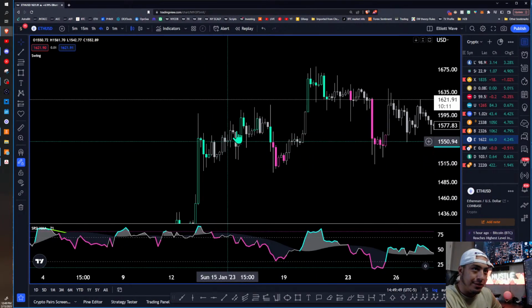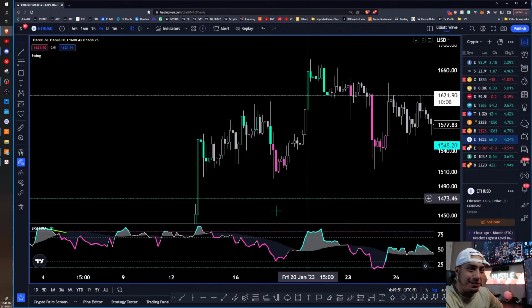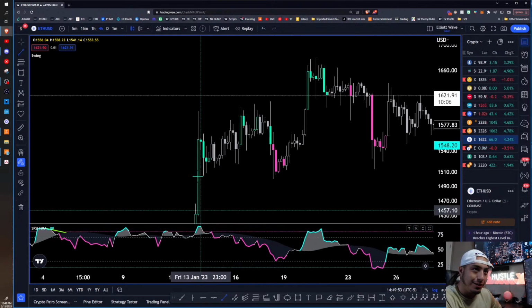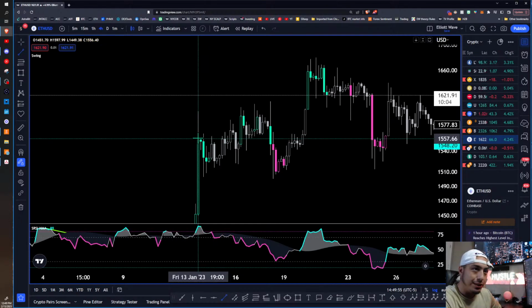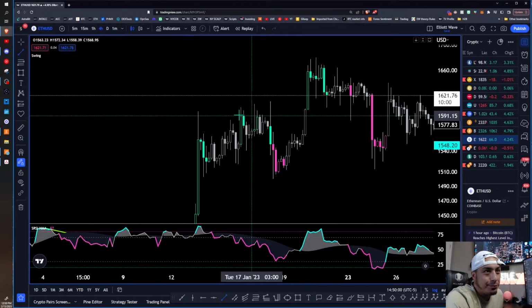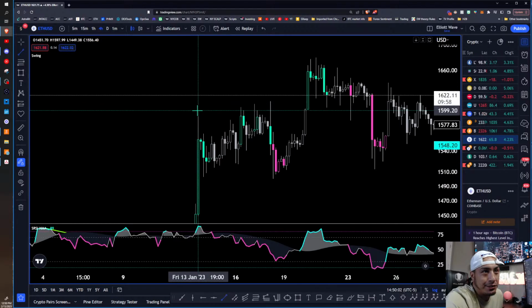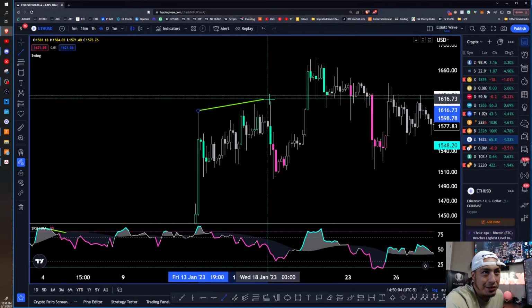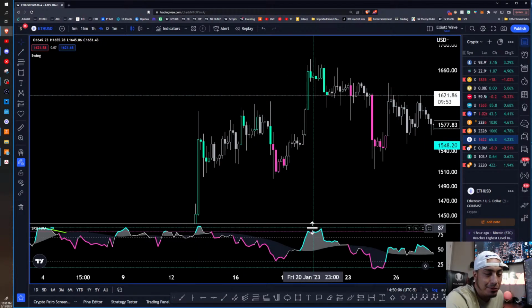Here's all these ones that fail. This is a good example. So you get your first divergence, and again, I like this one. It helps to be an Elliott Wave trader because a real divergence doesn't really happen until you break a structure high or structure low, because a divergence should signify a reversal or continuation, right?